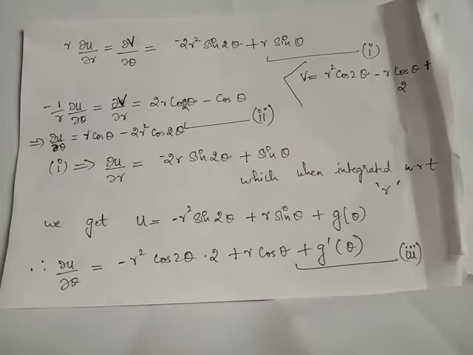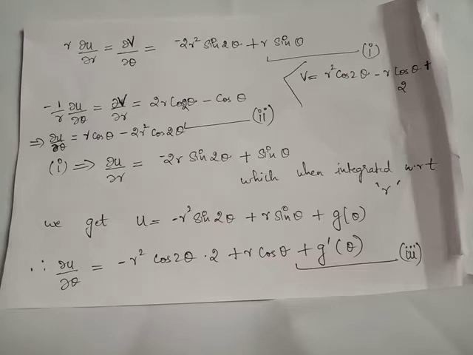Therefore, you give a general expression for the constant of integration as g of theta. Since theta is considered as constant, the constant may also involve terms containing theta. So, the general expression g of theta is given for the constant of integration when you integrated dou u by dou r with respect to r both sides.